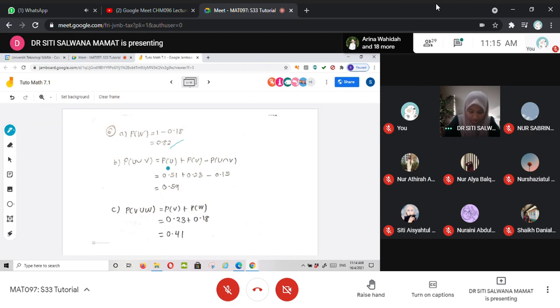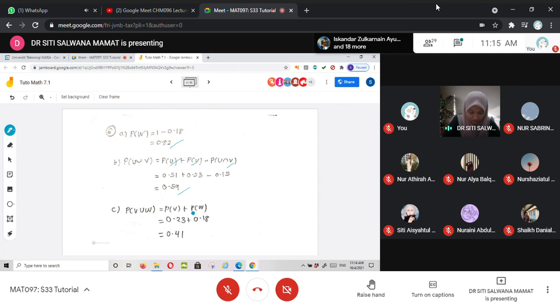You guna additional rule, this is rule number 1 ke? I pun tak sure number 1 or number 2 ni. So you tengoklah, the probability of U dia dah bagi, probability of V pun dah bagi, and then the intersection ni pun dia dah bagi kan. So you plug in value, you dapatlah the probability of U union V.